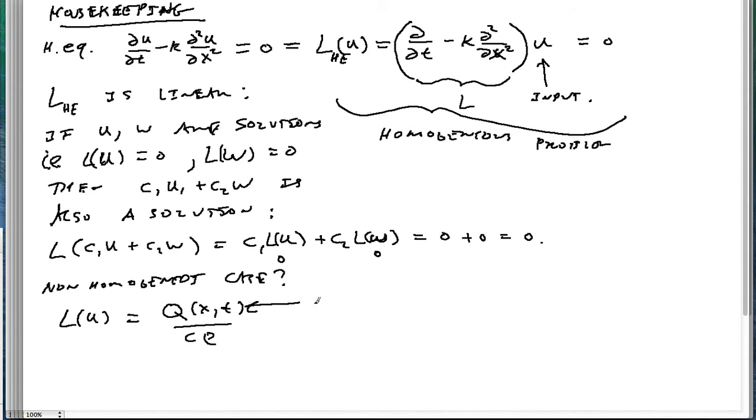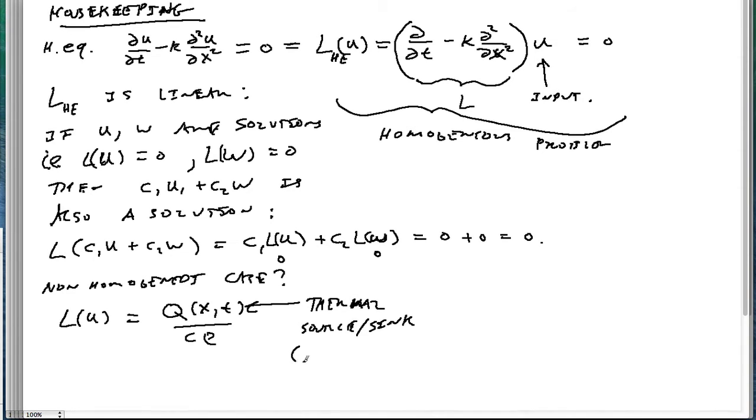And what this represents is some thermal source or sink, depending on what you want to model here. And that just represents some sort of internally generated heat inside this bar at every point x. So that could be some function of time and space of heat being pumped into the system from outside.